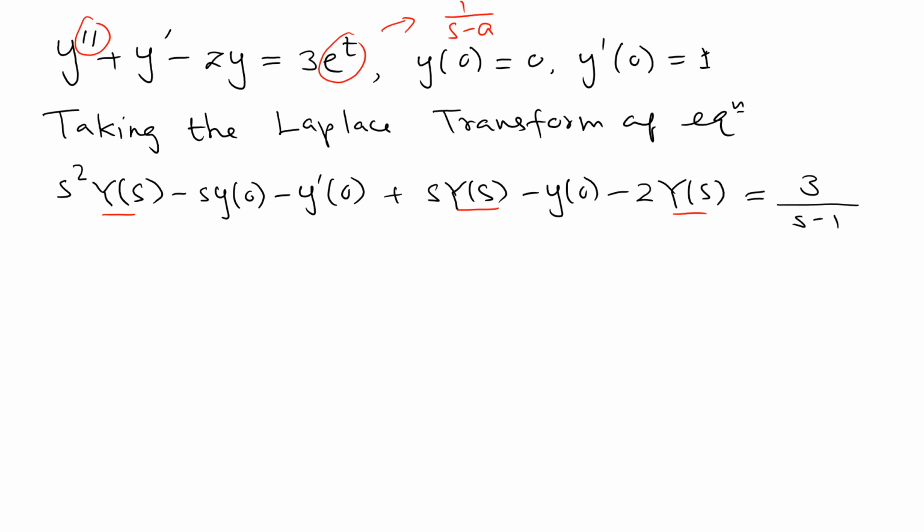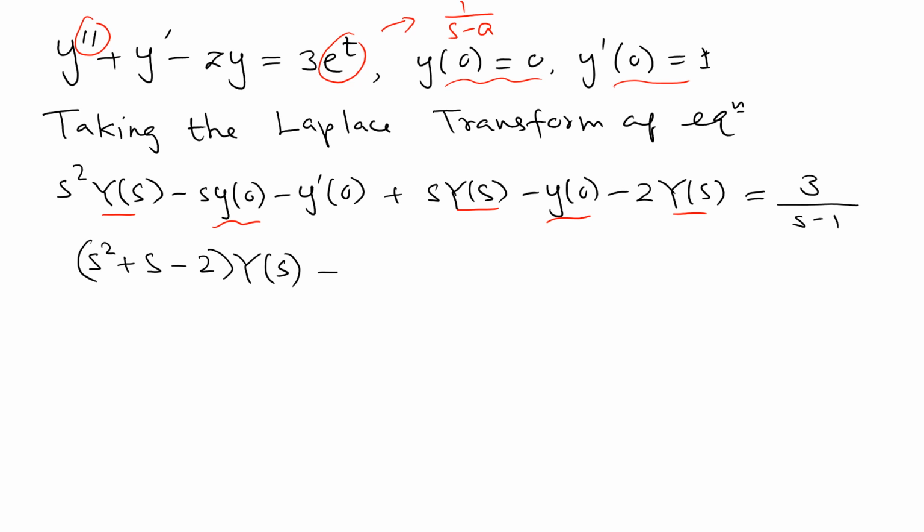The next step is to use the initial conditions to simplify this a little bit. Let's plug in those values. First we can isolate the Y(s) term. You can write this as Y(s) times s squared plus s minus 2, since those are the coefficients of Y(s). Then you can plug in the y(0) term. There are two places to plug it in.